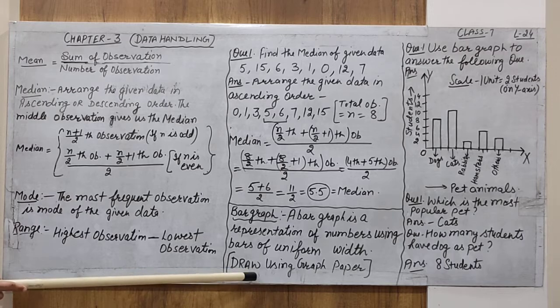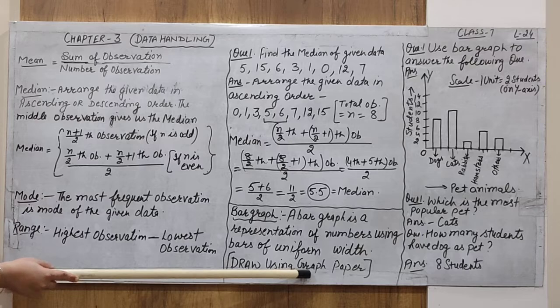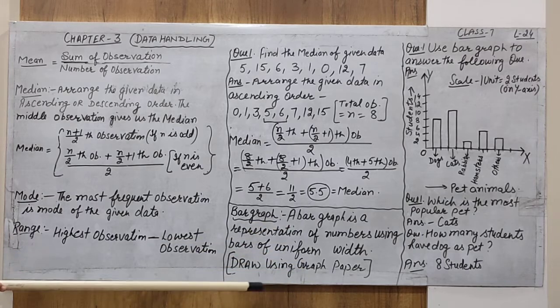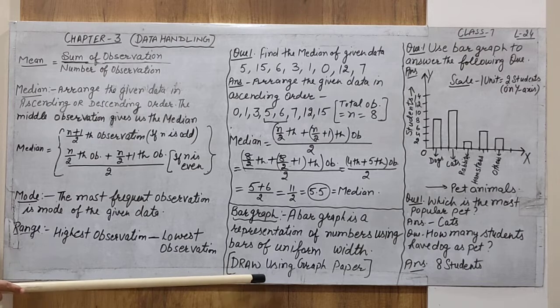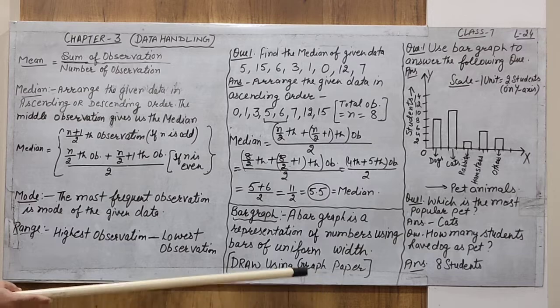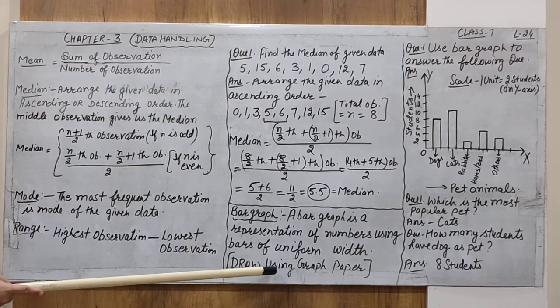Each square given on the graph paper is known as one unit, in which 10 lines are used. That kind of paper you have to use is called graph paper. After every 10 lines we have a dark line, and that is used to draw a graph.